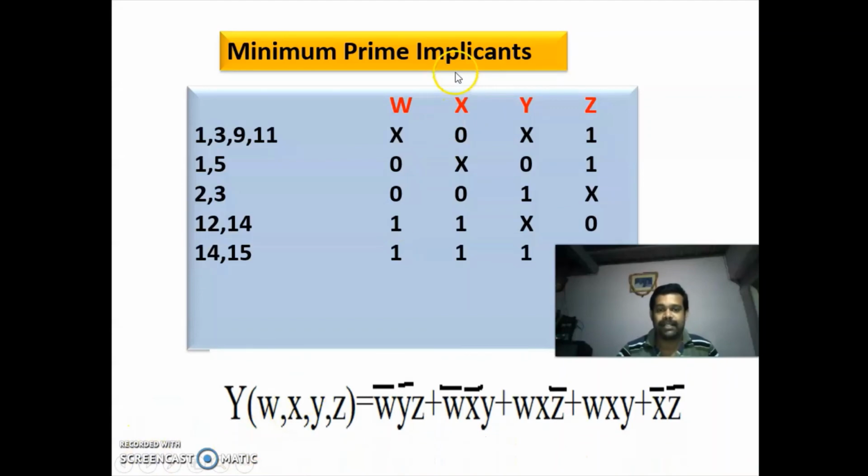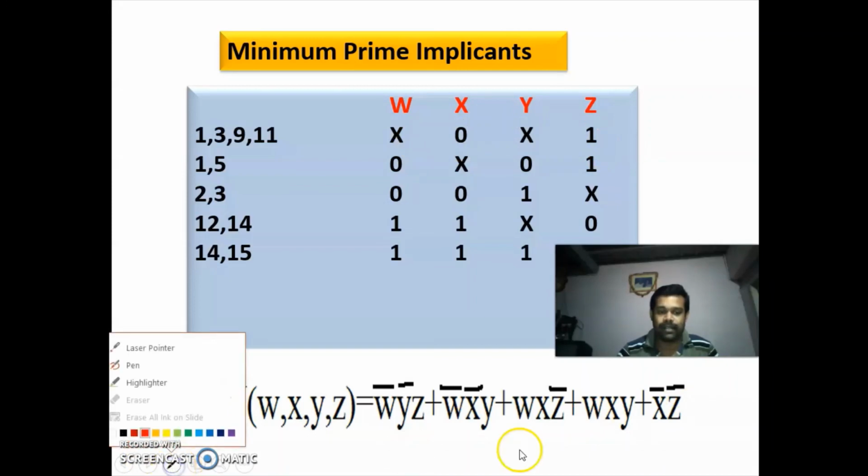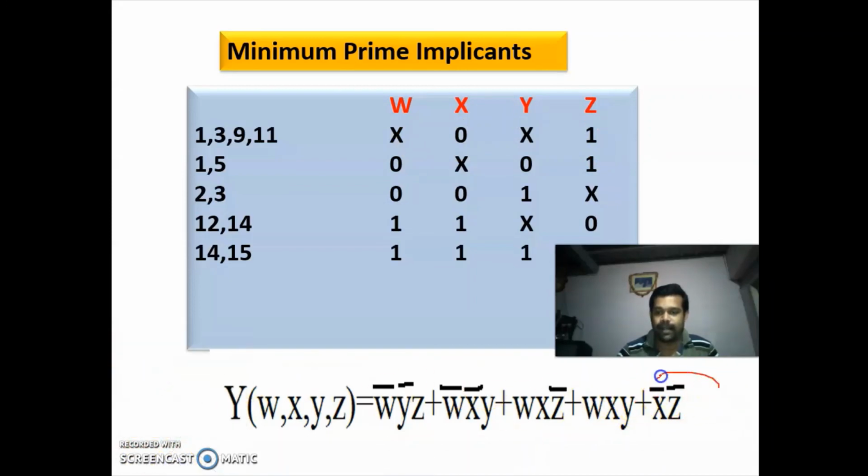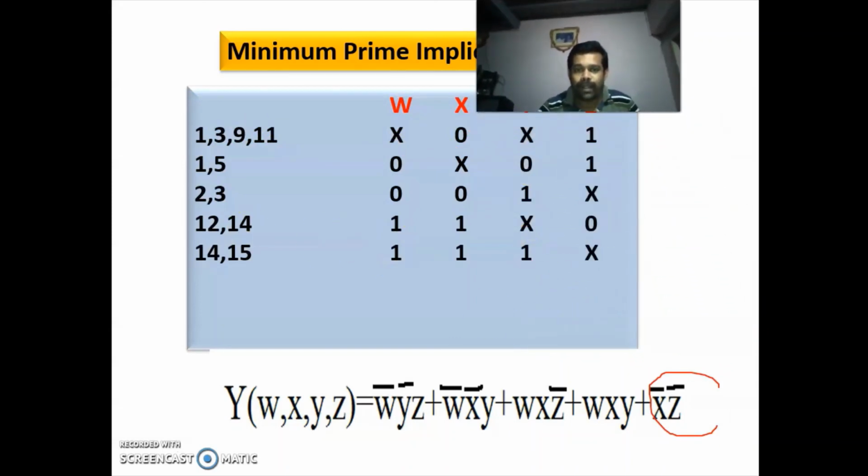So the expression is, where the variables are w, x, y, z. For the first term, 1, 3, 9, 11, it is x bar z. For 1, 5, it is w bar y bar z.